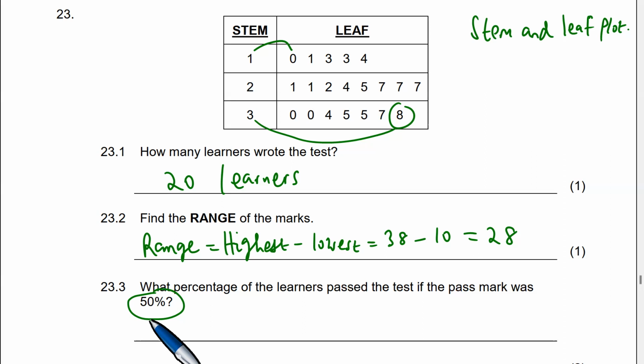So 1, 2, 3, 4, 5, 6, 7, 8, 9, 10, 11, 12, 13, 14, 15. So 75% of the learners passed the test. Excellent, that's correct.